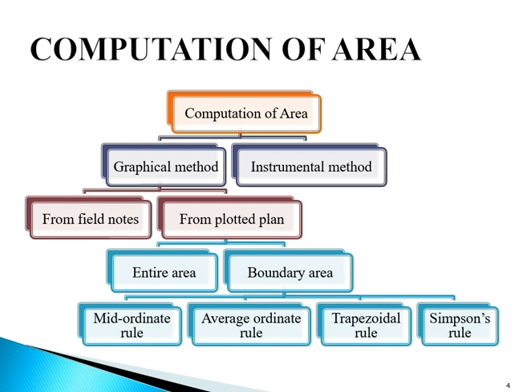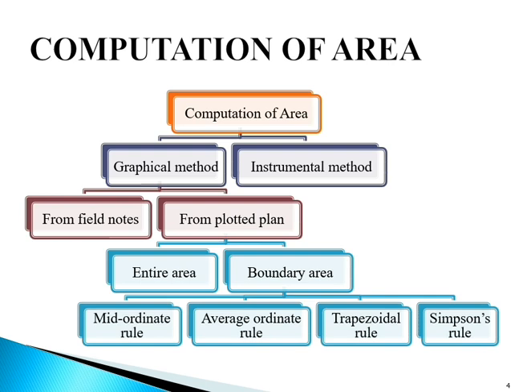The method of computation of area depends upon the shape of the boundary of the tract and the accuracy required. If the plane is enclosed by straight boundary, it can be subdivided into simple geometrical shapes such as triangle, rectangle, trapezoid, etc., and areas of these figures are determined from the dimensions obtained from the plan.